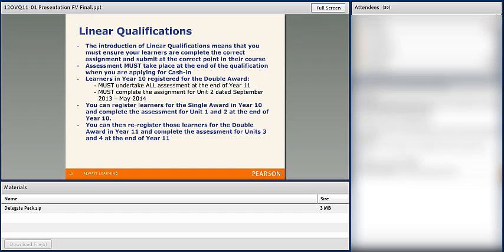So learners in year 10 registered for the double award must undertake all assessment at the end of year 11, and they must complete the assignment for Unit 2 dated September 2013 to May 2014. I do think that assignment is currently available on the Edexcel website, so they can start work on it now if you want, but you do not present it for the qualification until the end of 2014.